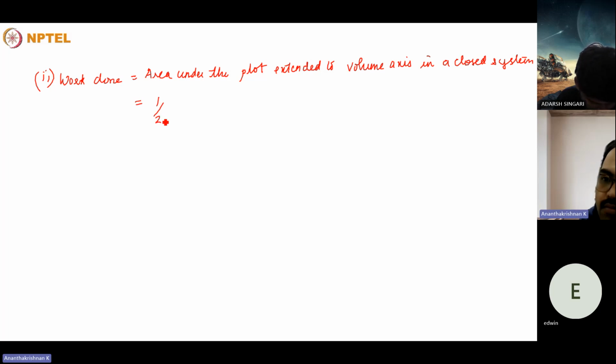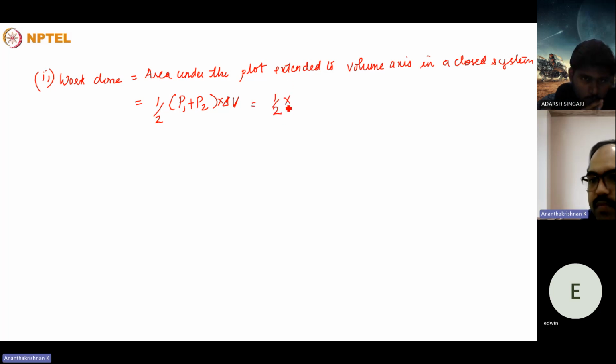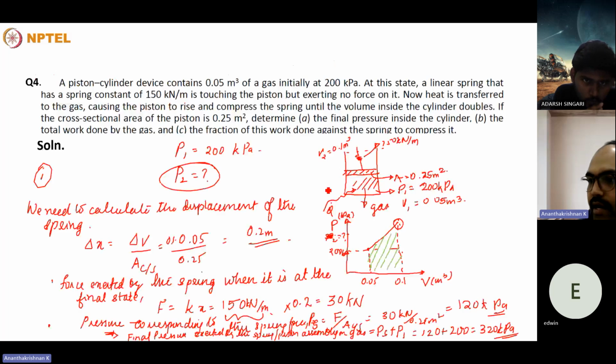So this will be equal to half into (P1 plus P2) into (V2 minus V1). Yes, right. So this is the area of the trapezoid. You add the parallel components and multiply it with the perpendicular distance between the two parallel edges.